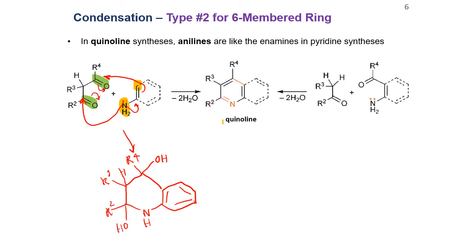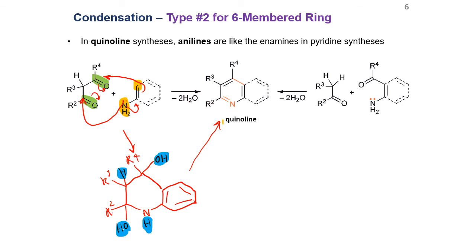These two OH groups can be eliminated by using the proton here and the proton here. After elimination of two waters, you are going to form two new double bonds and complete the aromatic system to form quinolines.